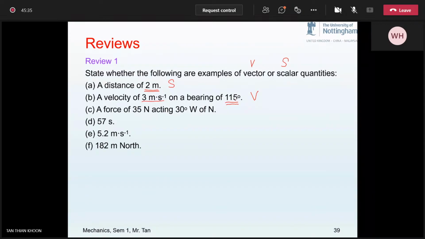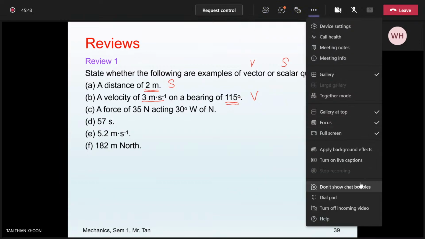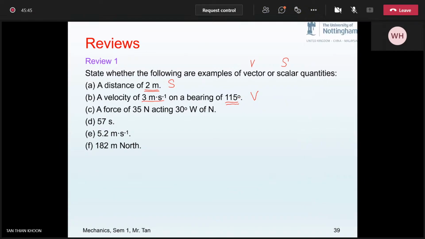So this is the direction, 115 degrees bearing, and the magnitude is 3 meters per second. How about C? A force of 35 Newton acting 30 degrees west of north. It's a vector quantity. Yes, also a vector. We have magnitude, we have direction. Good. How about D?